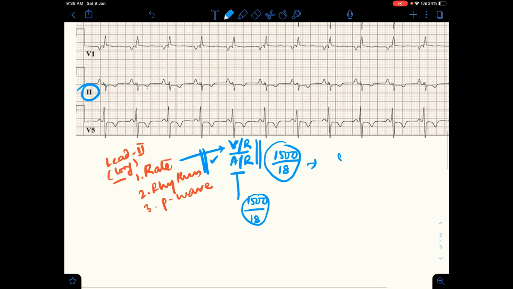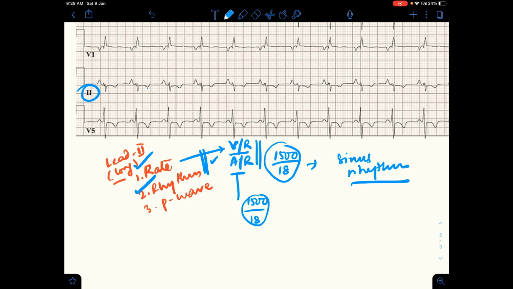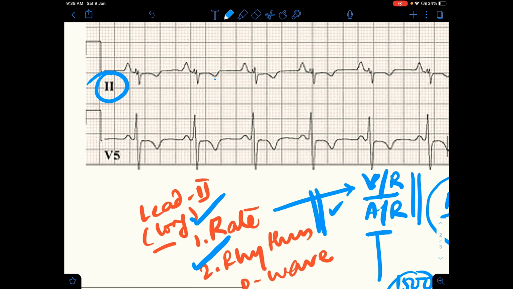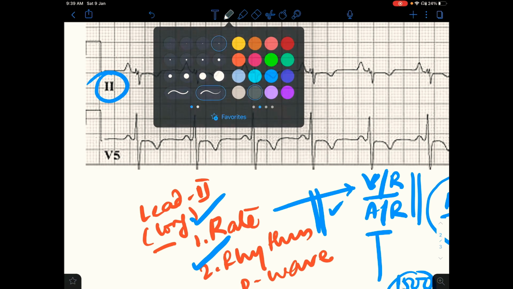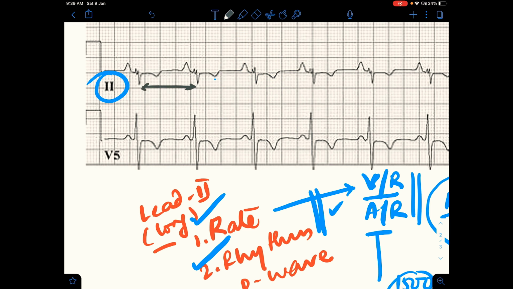So it's definitely a sinus rhythm. So rate done, rhythm done. Basically what I was doing was calculating this distance and this distance. That's the main thing I was doing.